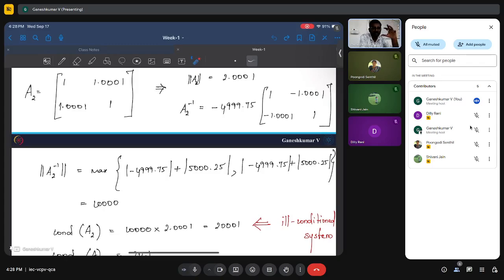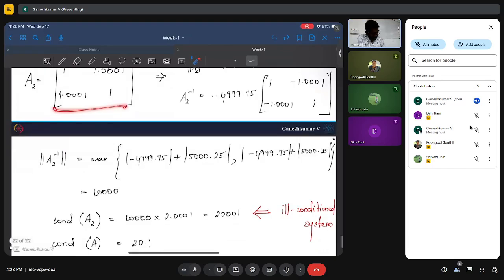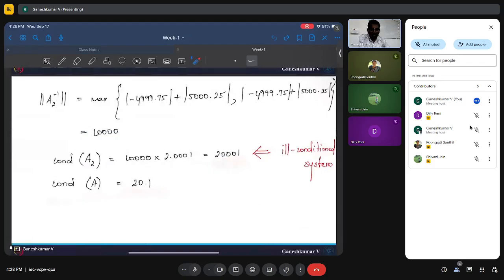Okay, so such systems are called ill conditioned systems. It's not a well conditioned system. The easiest way to find out is to find the condition number. If the condition number is very large, then it's an ill conditioned system. For example, for this case, the condition number was around 20,001, which means it's very high.